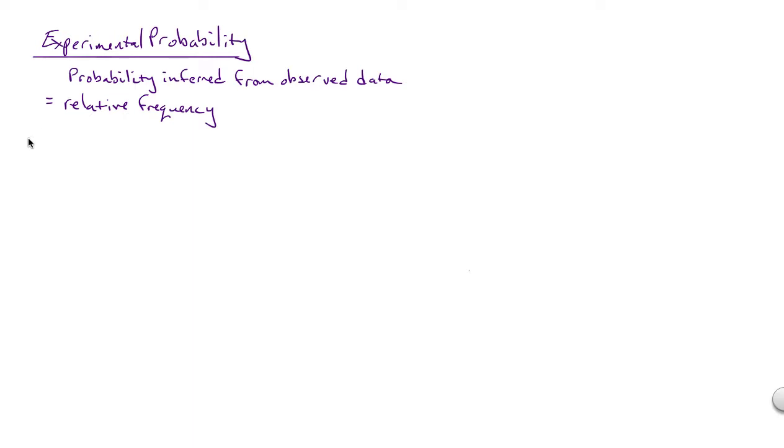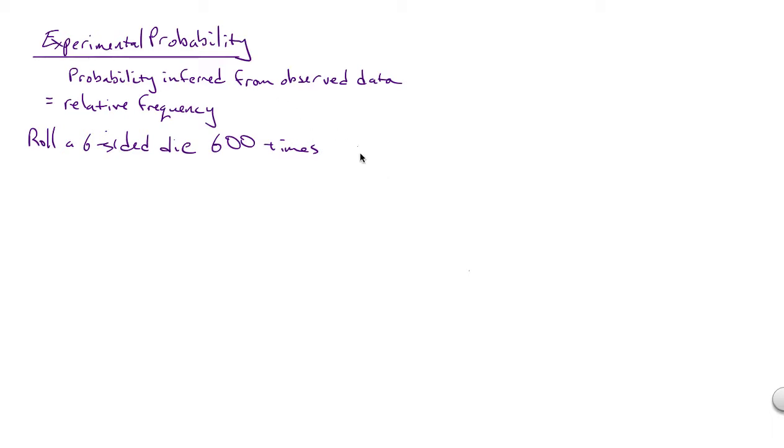Say we're going to roll a standard six-sided die, and let's say we rolled it 600 times, and kept track of how many each side of the six-sided die showed up.